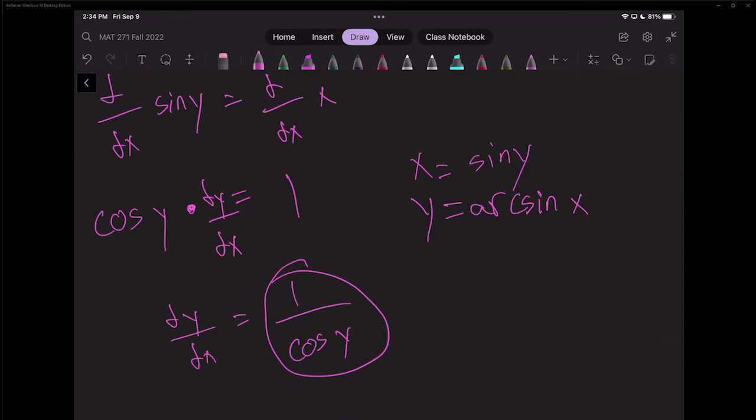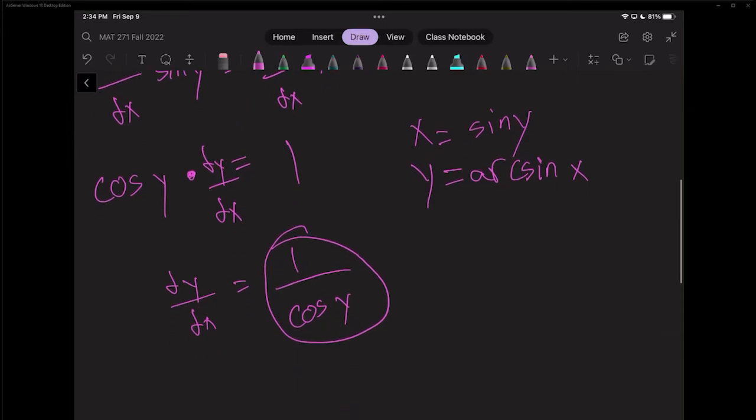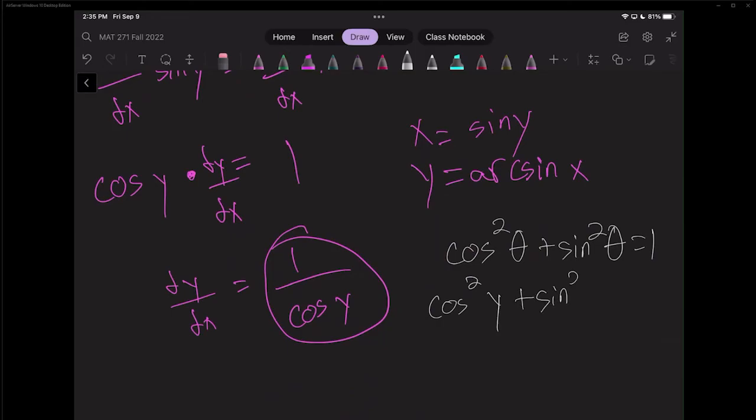In order to figure this out, I'm actually going to have to use the Pythagorean identity. Remember that cosine squared theta plus sine squared theta is 1. So, of course, if you change the variables, this is still the same. If I solve for cosine squared, cosine squared y is 1 minus sine squared y.